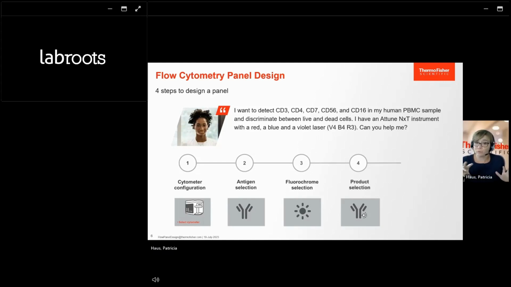But only by considering what you want to achieve can we ensure that we are choosing the optimal fluorochromes for your targets, especially if it's getting a little bit more complicated and we are using all the channels of your instrument. And then finally in step 4, we would provide a list of available products to perform your experiments.